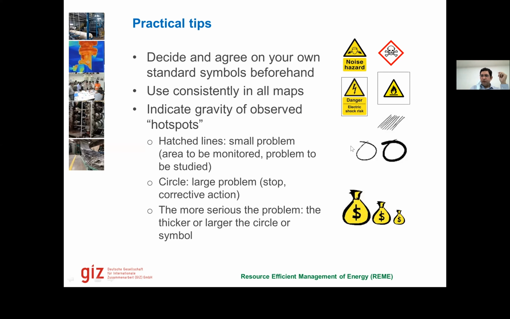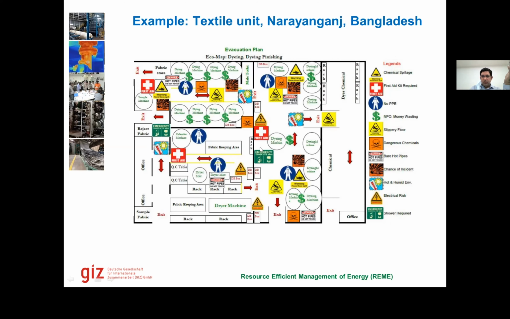So if you use a thin marker, that means that the problem is small, and if you want to highlight it as a big problem, we use a thick marker or a thick symbol. That is how the seriousness of the problem can be highlighted with the size of symbol or the thickness of the symbol. This is one example of an eco map.